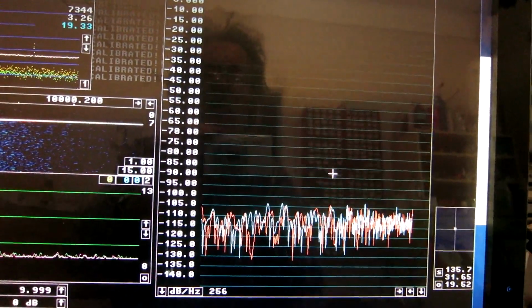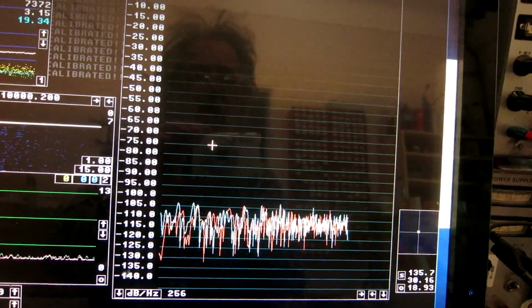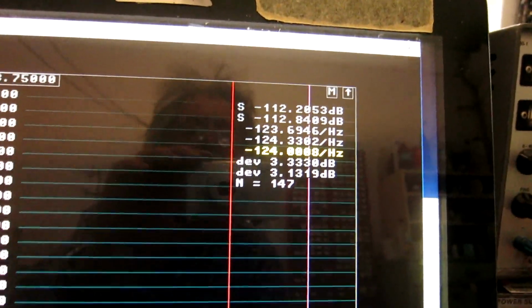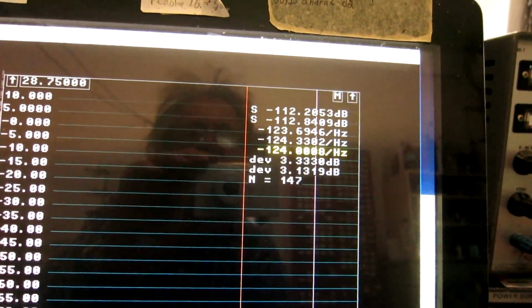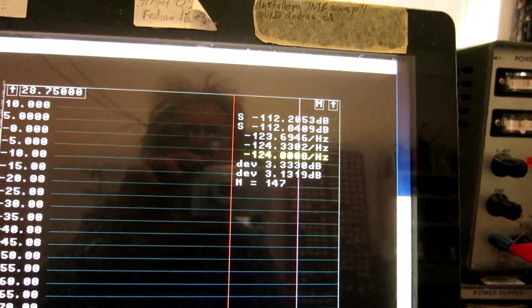And I want to know the level. So I wait for a while, and then I click here and drag to here. And here I can see this noise level is minus 124 dBc per hertz.